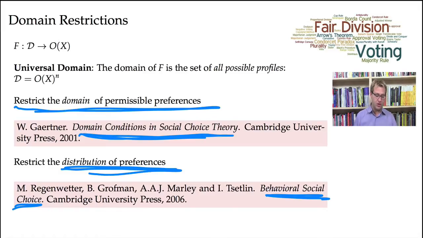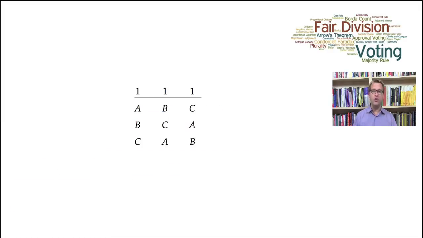Now, in this lecture, I want to focus on one natural domain restriction. So we're going to look at a natural way to restrict the domain of a social welfare function. In order to do that, let's focus on a concrete example. Here's a Condorcet triple. This will generate an intransitive majority ordering.